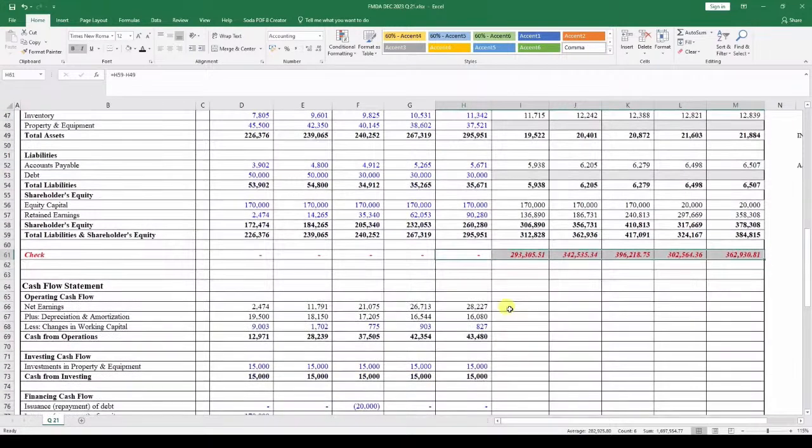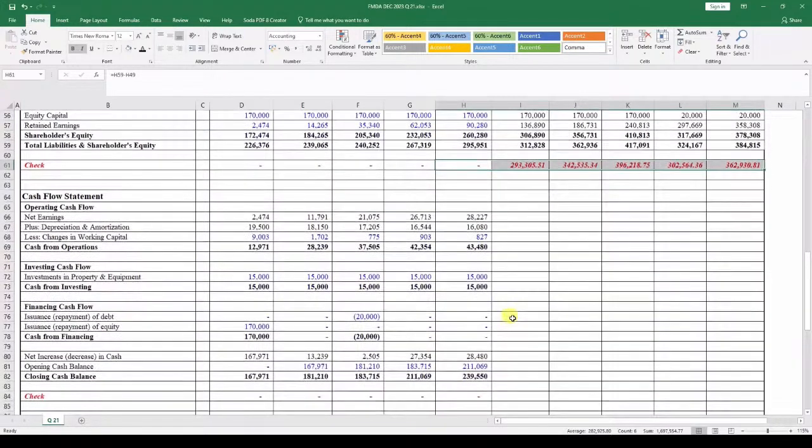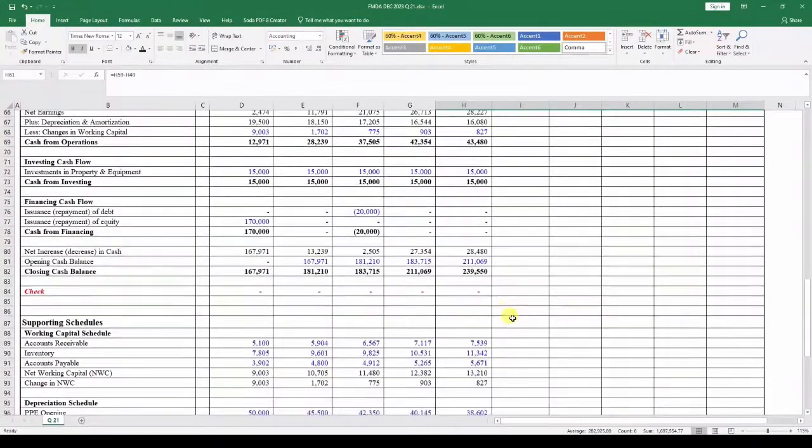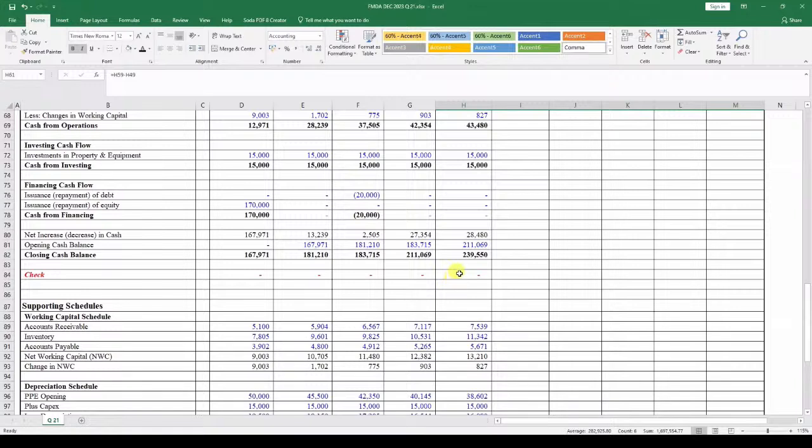Now, as far as the cash flow statement is concerned, we will first of all ignore it for now. We'll also do a check for the cash flow statement and write down over here to determine if we're actually cooking figures or not.